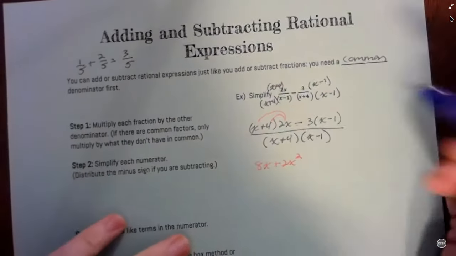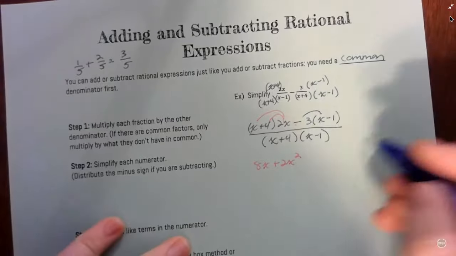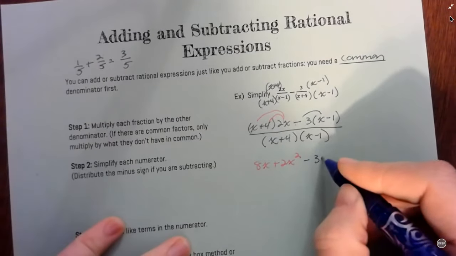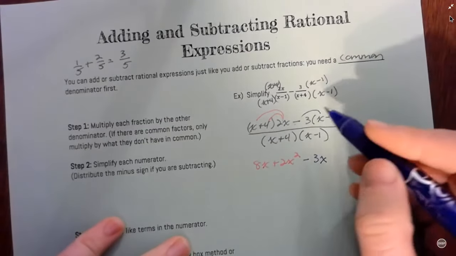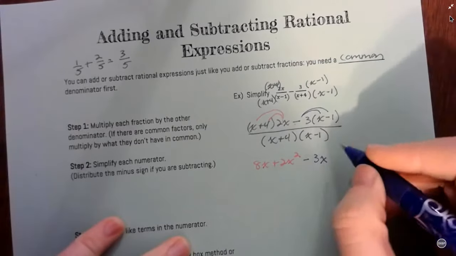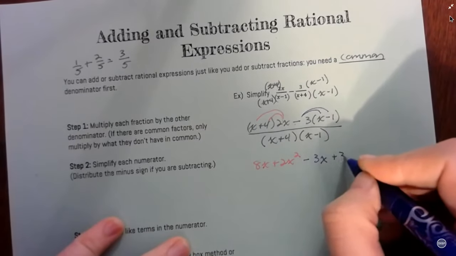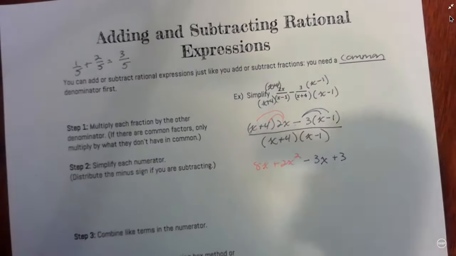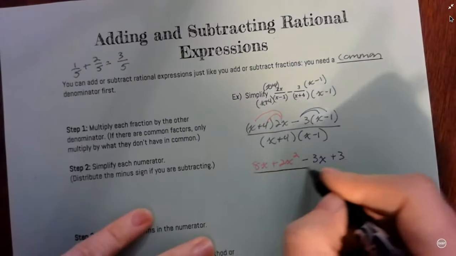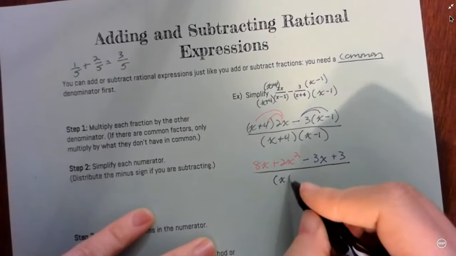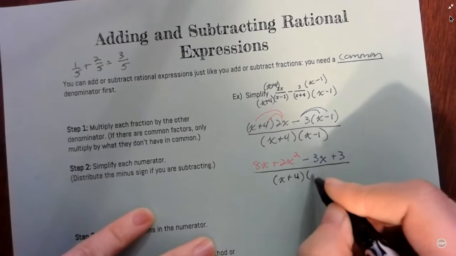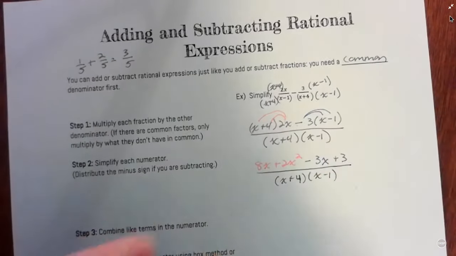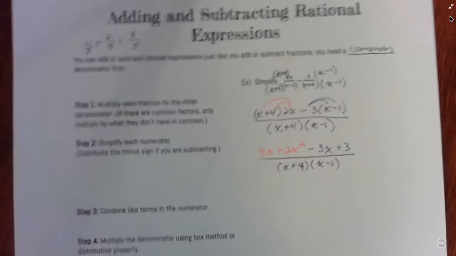And then here I have negative 3 times x, which is negative 3x, and then negative 3 times negative 1, which is positive 3. And then that's all over x plus 4 times x minus 1. Okay, so I got that so far.